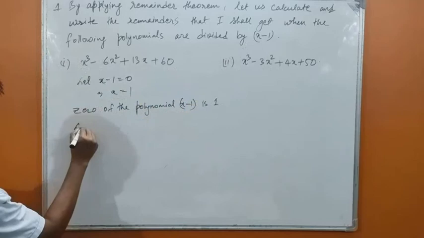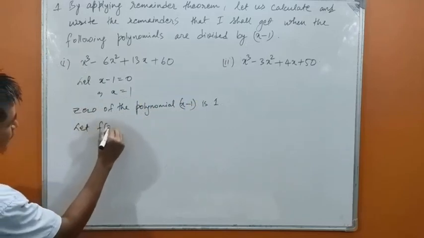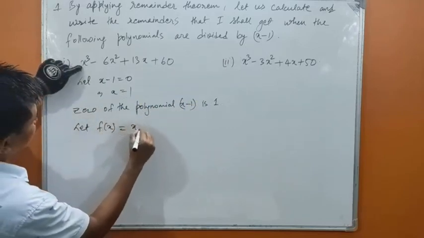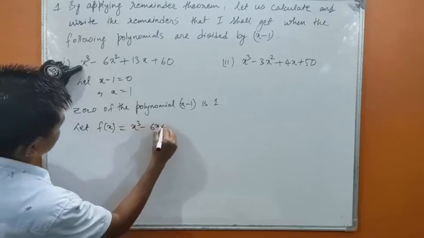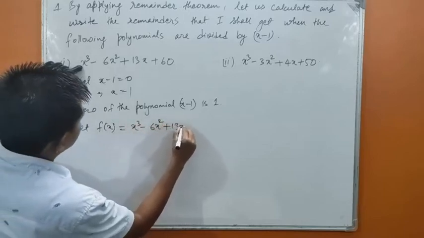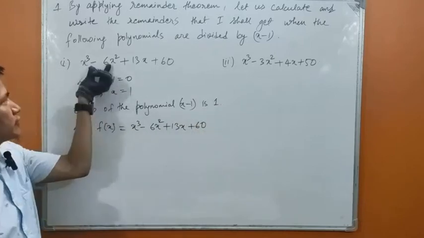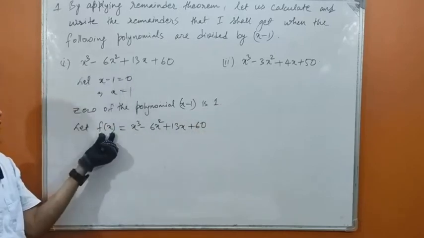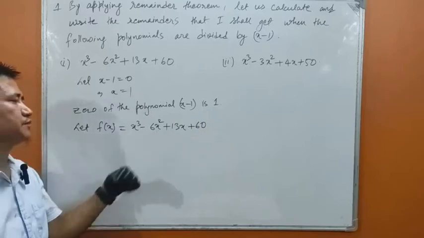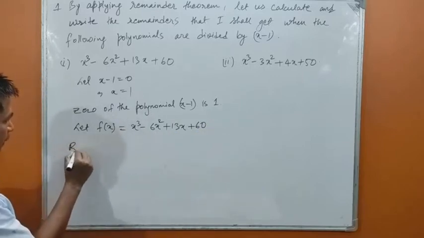So let f(x) equal x cubed minus 6x square plus 13x plus 60, isn't it? I am supposing this to be f(x). So remainder will be f(1).